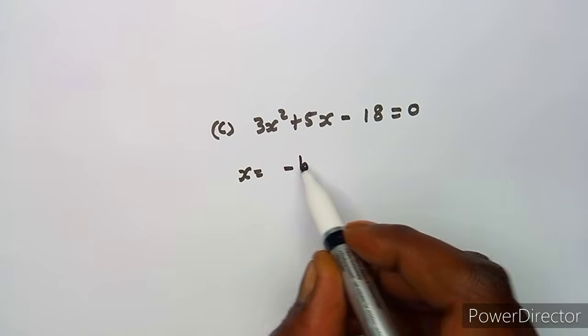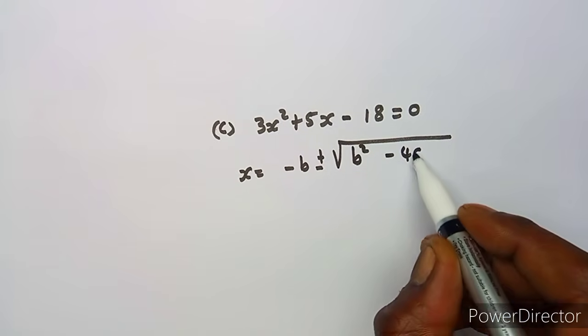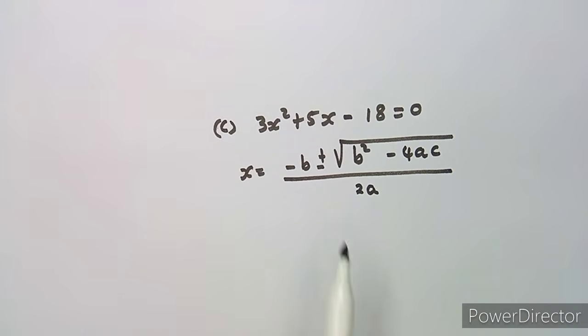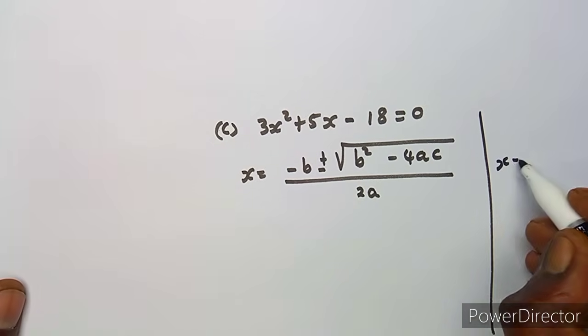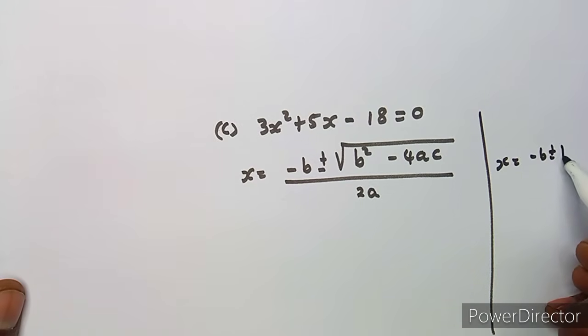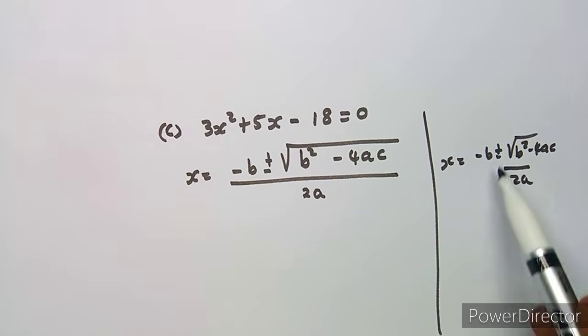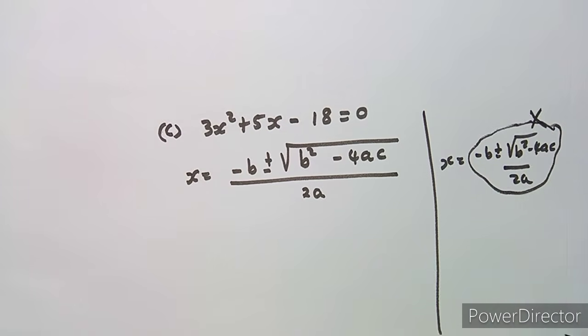x is equivalent to minus b plus or minus the square root of b squared minus 4ac all over 2a. This is how your formula is supposed to be presented. Do not just write the formula carelessly, guys, because this is an indication of whether you know what you're writing about.